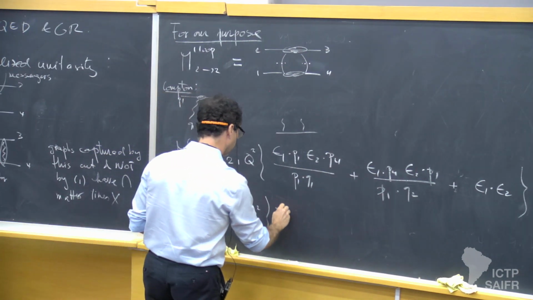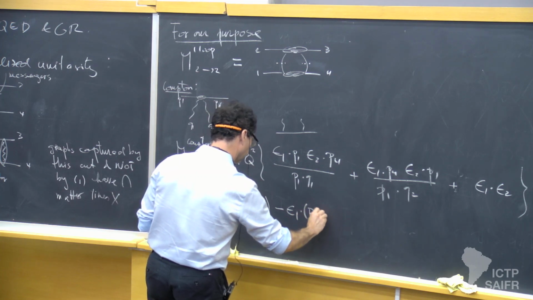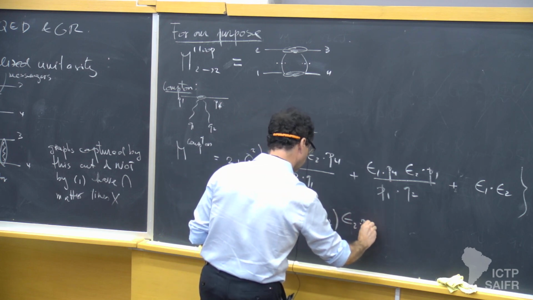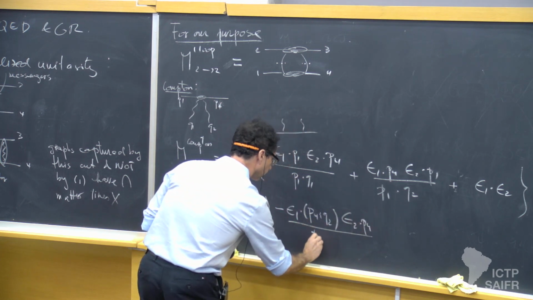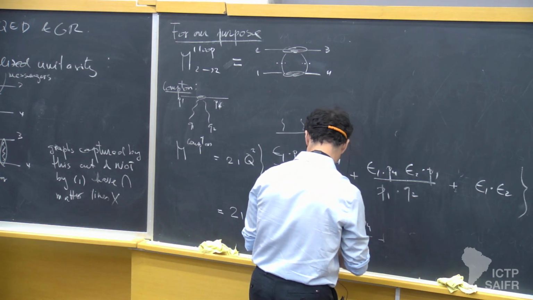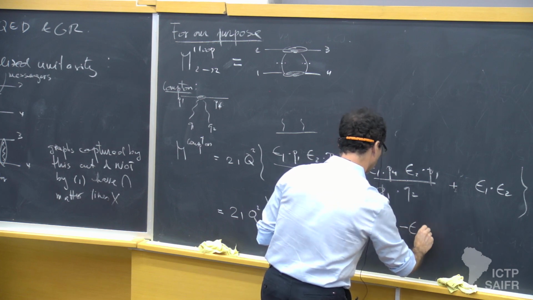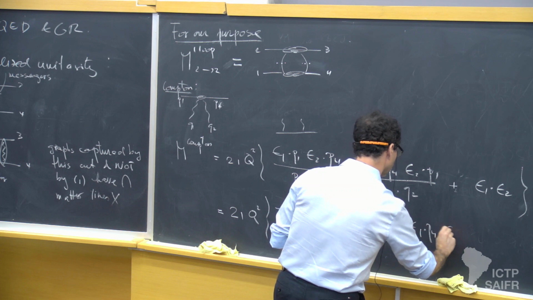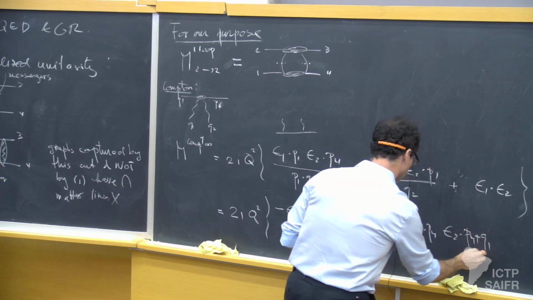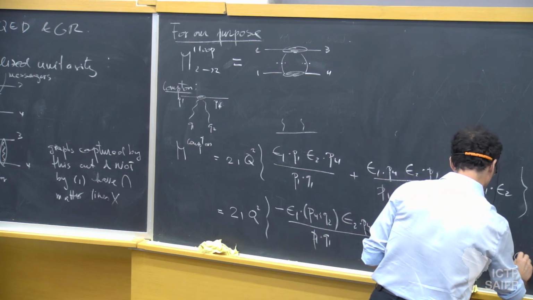It's minus epsilon 1 dotted into P4 plus Q2, epsilon 2 dotted into P4, divided by P1.Q2, P1.Q1, plus minus epsilon 1.P4, epsilon 2.P4 plus Q1, divided by P1.Q2, plus epsilon 1.epsilon 2.